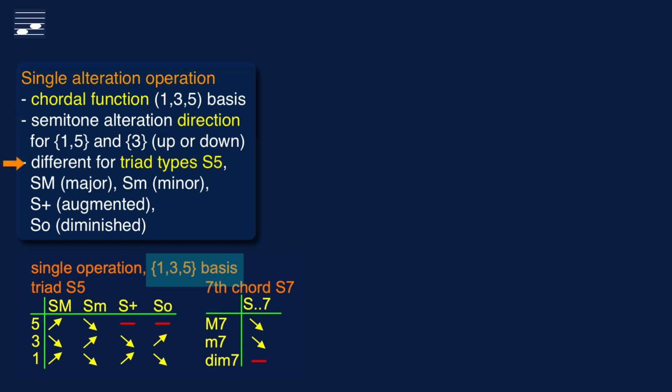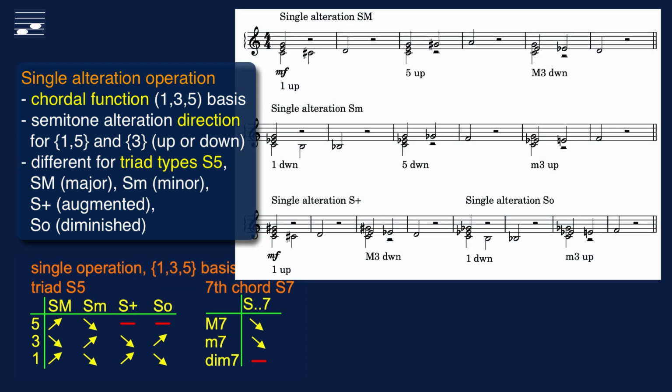Root and fifth move in ascending direction, while the major third descends. The third element is the neighboring diatonic degree from the scale. For the minor triad, these directions become the reverse, with descending root and fifth, and the minor third ascending.